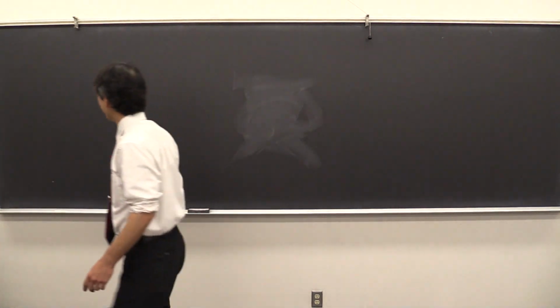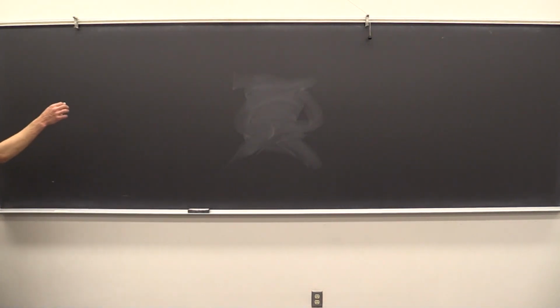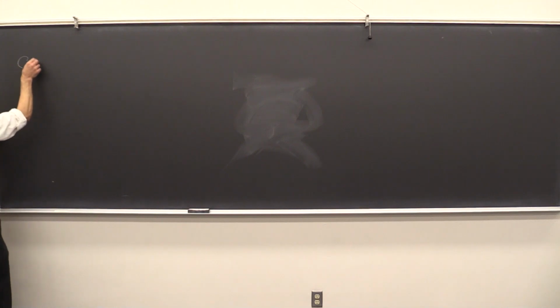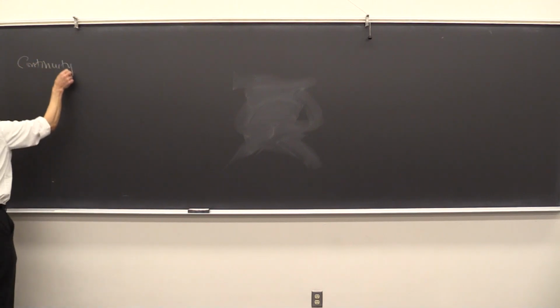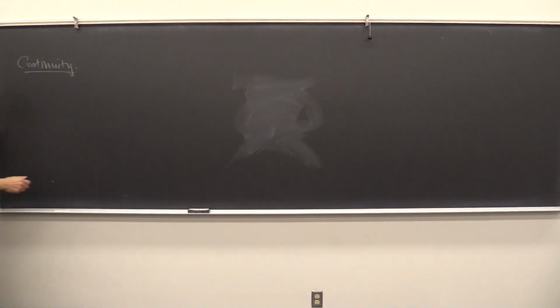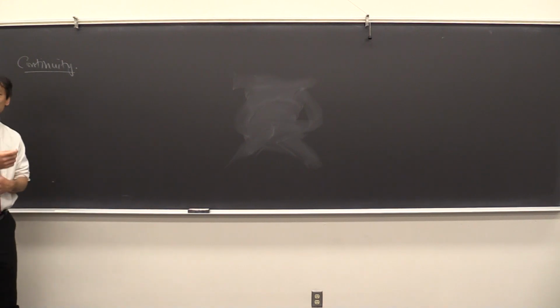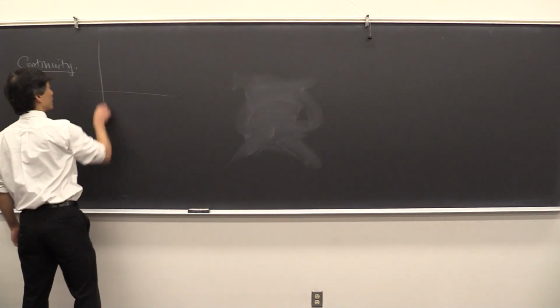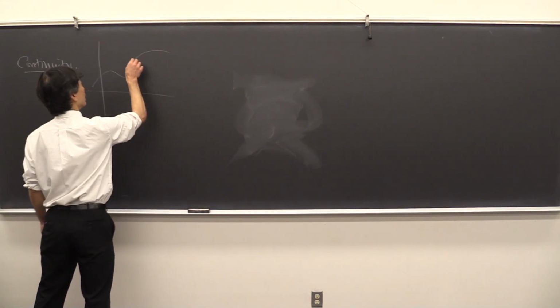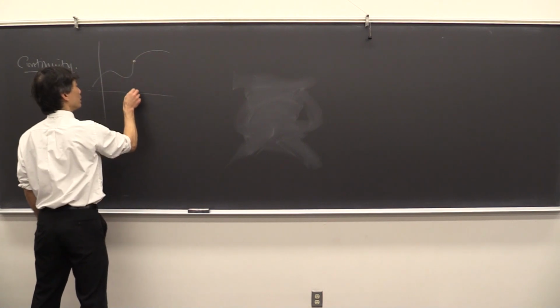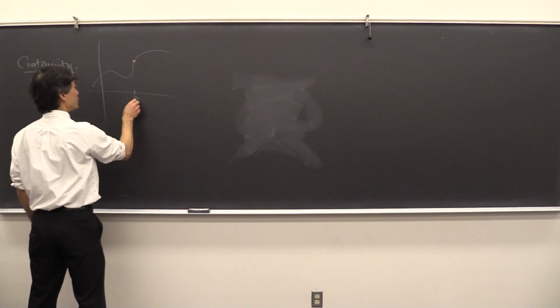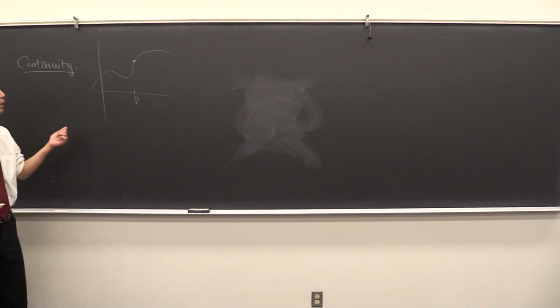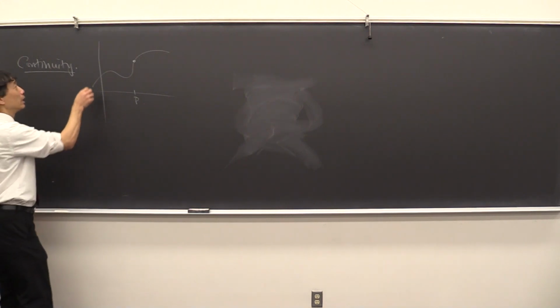Okay, so this chapter is about continuity, right? Can anybody tell me, anybody remember what continuity is? How do we describe continuity? For a function to be continuous at p, what does that mean?